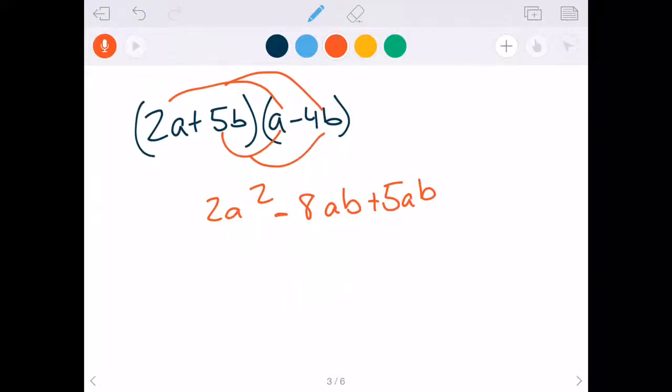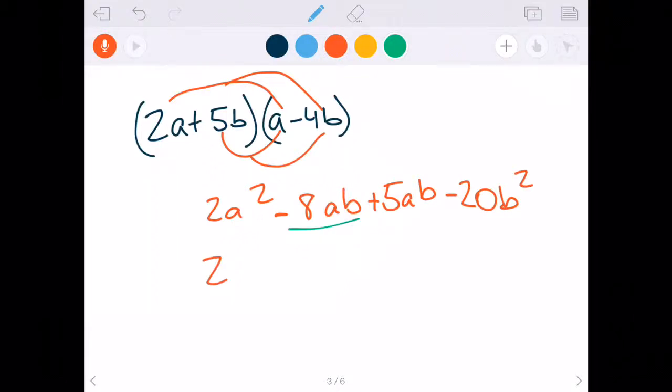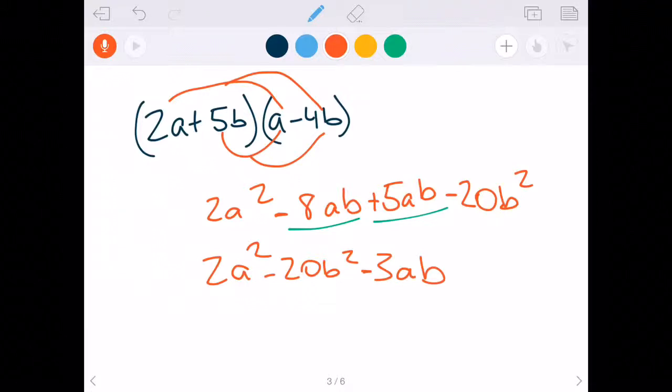And then finally, we have negative 20b squared. So I'm going to combine my like terms. Your final answer should be 2a squared minus 20b squared, and then I have minus 3ab.